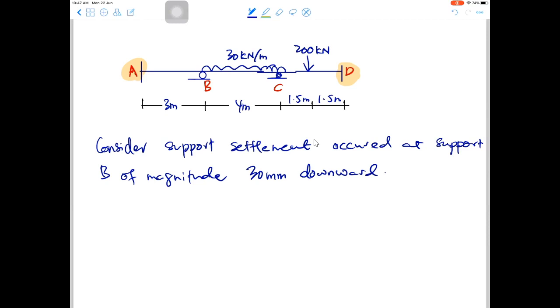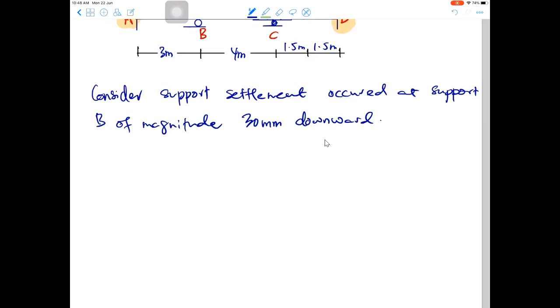Actually, the formula for fixed end moment given in appendix page 3, at the back of the final exam paper, considers delta or settlement or side sway. It is given like this.